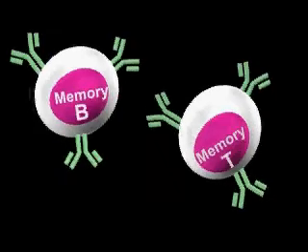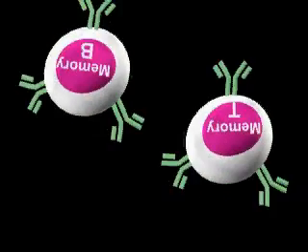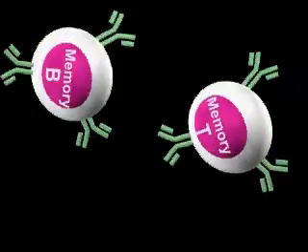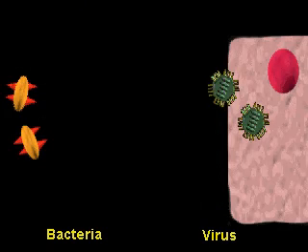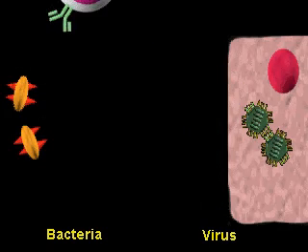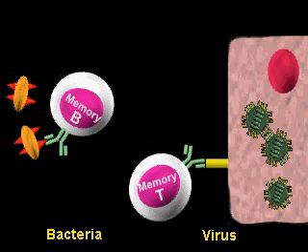Memory B and T cells are produced during an initial encounter with a foreign invader. Memory cells circulate through the bloodstream to respond when the foreign invader attacks again.